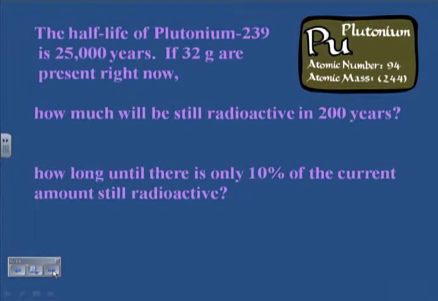Okay? Well, that's lovely if you get those nice, beautiful numbers. But what if you are asked, okay, out of that 32 grams, how much is still radioactive in 200 years?